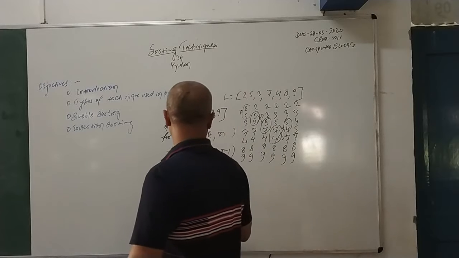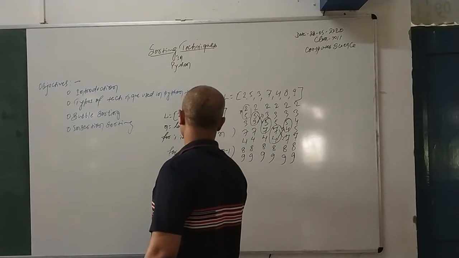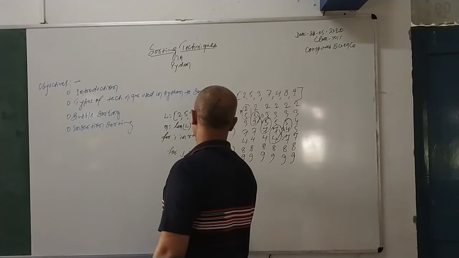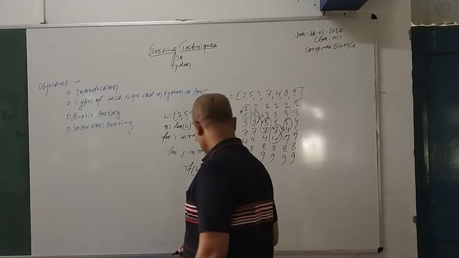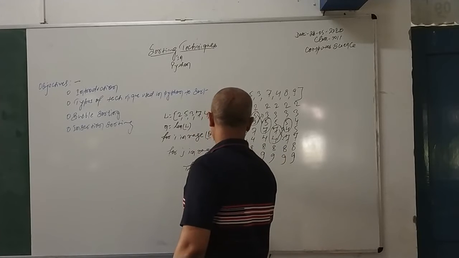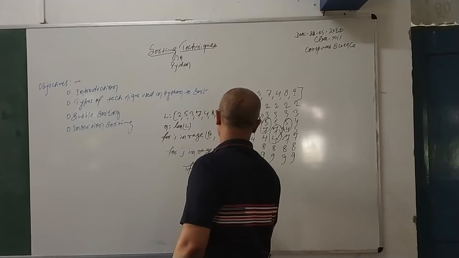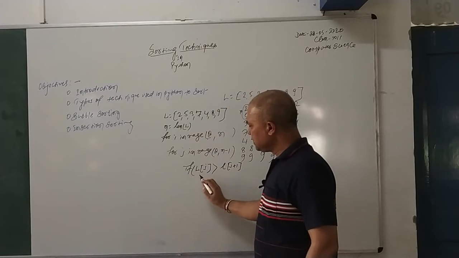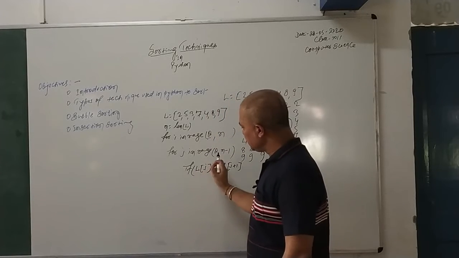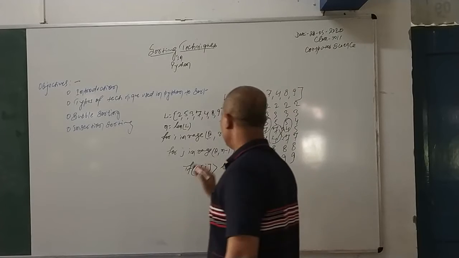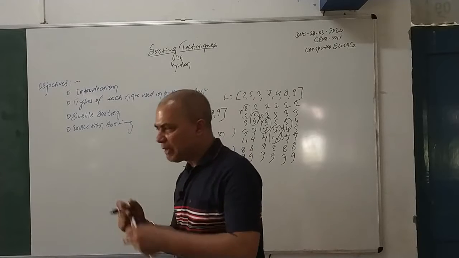Now compare it. If you have L, that is a list, L of j. If L of j is greater than L of j plus 1, as you can see here I am mentioning, if the list of j, that is 0 to n minus 1, is greater than j plus 1, then we have to swap the value.